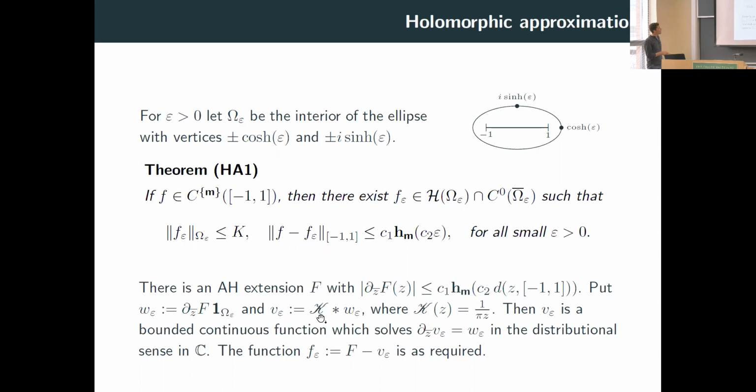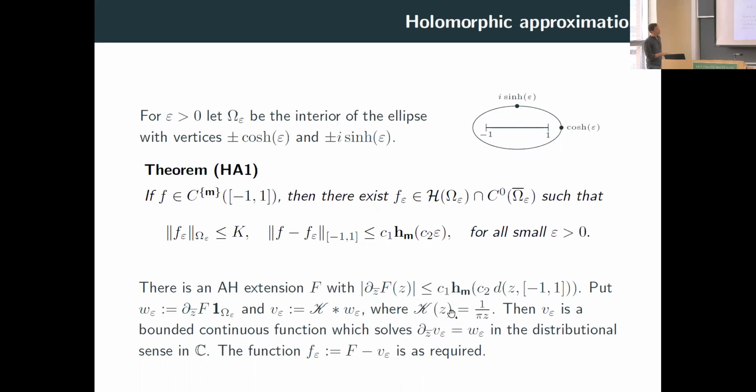Then this new function v epsilon is a bounded continuous function which solves the d bar equation where w epsilon is the right hand side. It solves it in a distributional sense. Okay, and then I take the extension capital F and subtract this solution of the d bar equation.